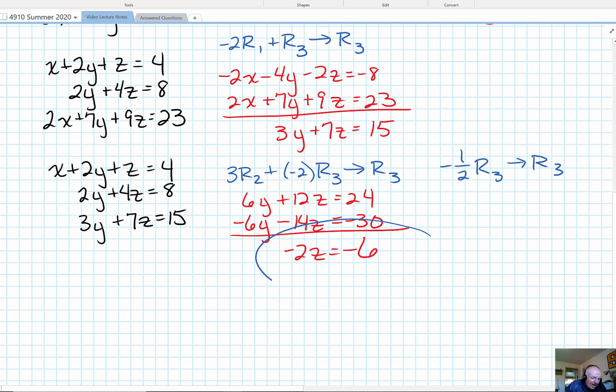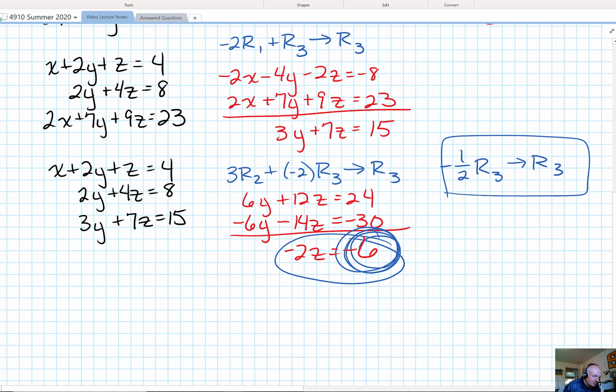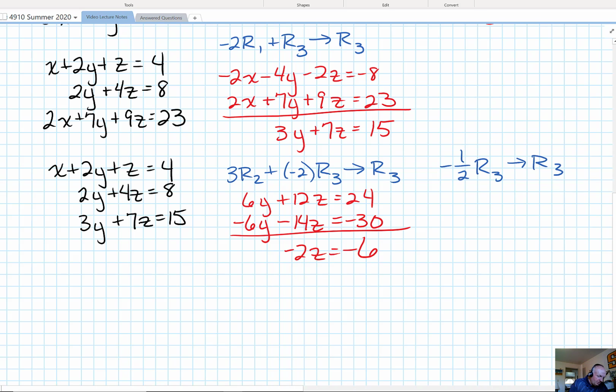In essence, just divide everything there by negative 2 to make it simple. It only makes sense if everything's divisible by negative 2. If this was a 5 or a 19, you don't have to do it at this point. But that's an easy simplification, an easy way to get a simpler equation. So we're going to do that.